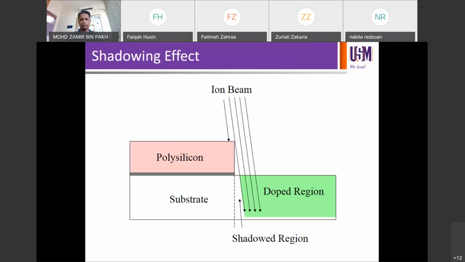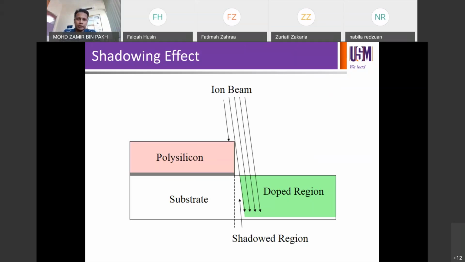So due to the presence of features on the surface of the wafers, for example, if you have polysilicon on your silicon wafer. The polysilicon here is usually a thin film. We're going to learn later today in a topic we call thin film deposition, TFD.